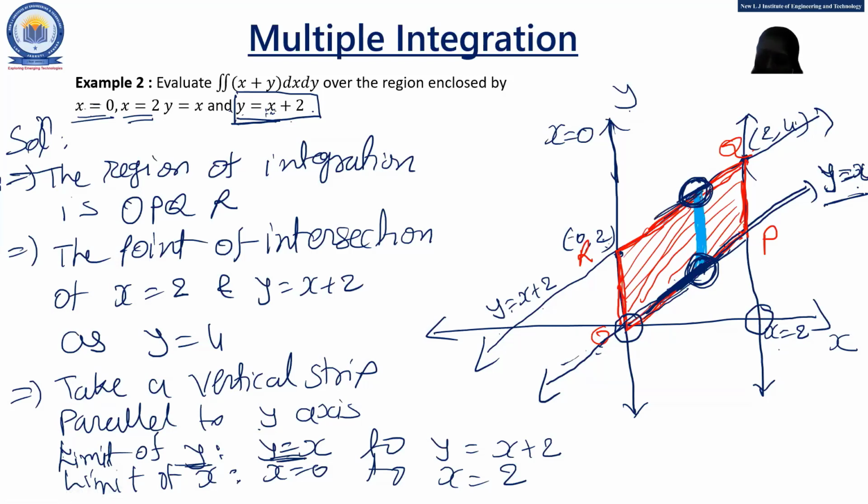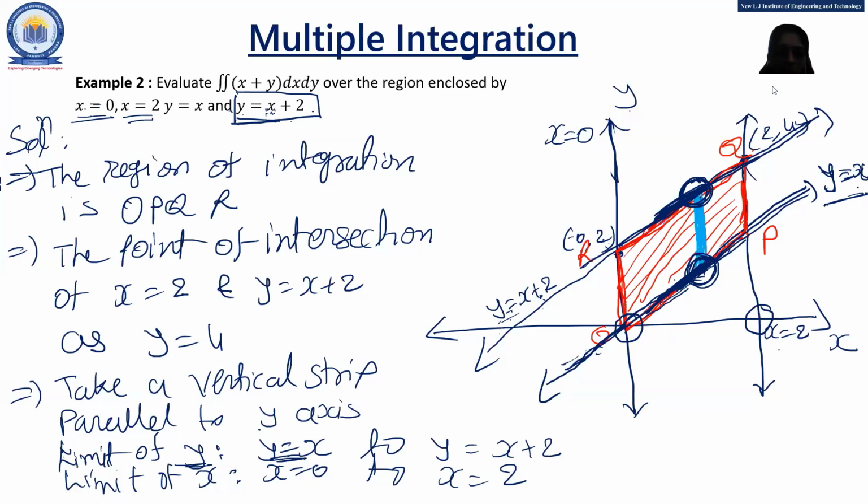And the end limit, this line indicates y equal to x plus 2. Okay, Tanvi and Palak? Now got it, or do you still have any doubt about y?